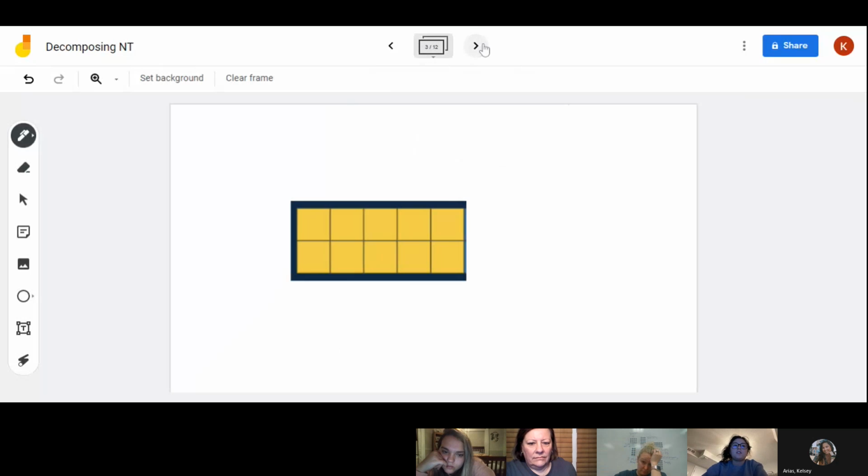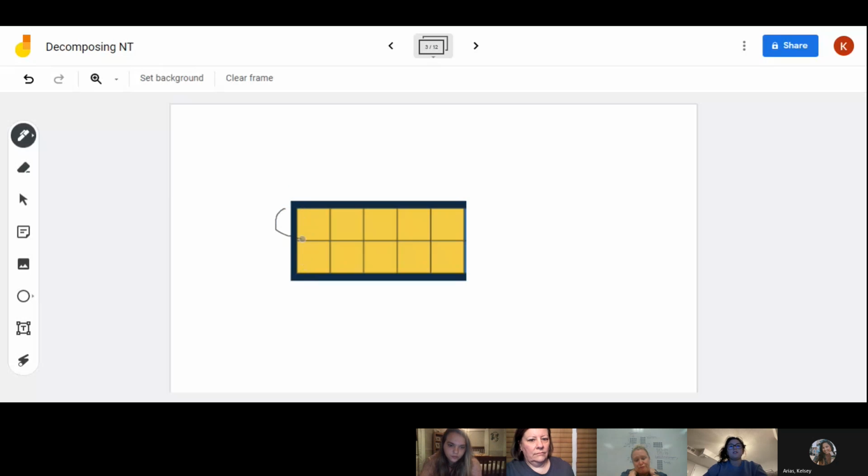Okay, go ahead and put a thumb up to your chest whenever you figure out how many are on here. Okay, Abby? I saw 2 on one side and 5 on the top, and so I did 2 times 5, and that's 10. Okay, you said you saw 2 on the side. What would this be called?